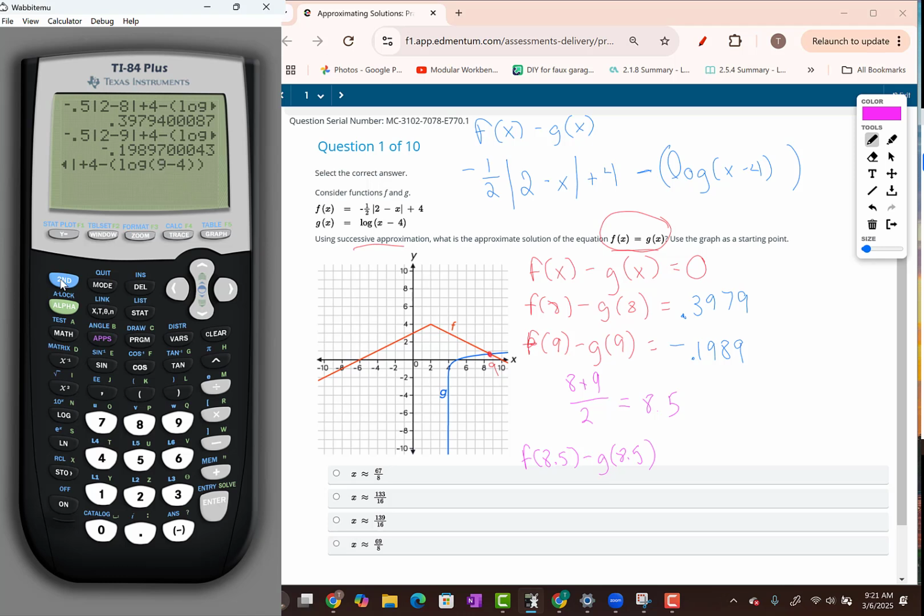So the trick is if you hit second delete, that's the insert button. It'll let us insert a bigger number to replace 9. We do have to remember then to delete the extra 9, but that does it. So go back. Where's that 9? Second delete. Type in 8.5 and then just delete the 9, hit enter, and we get 0.0967.